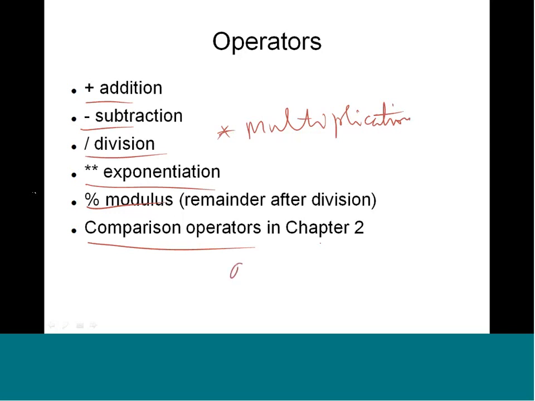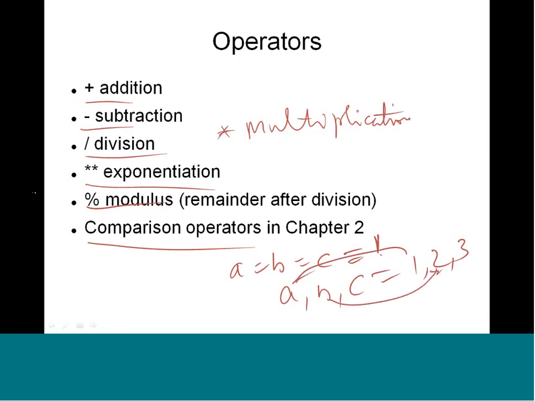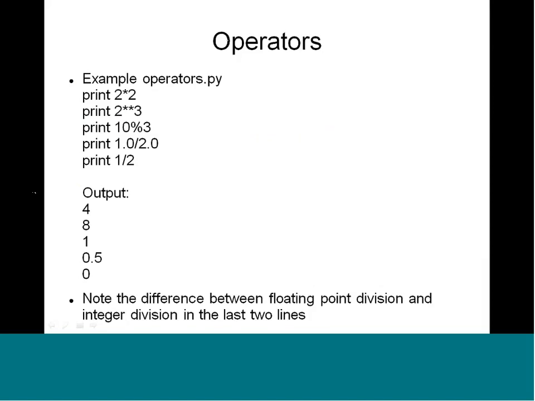You can do something like A equal to B equal to C equal to 1, so everything is assigned 1. You can also say A comma B comma C equal to 1 2 3. So A is assigned 1, B is assigned 2, and C is assigned 3. We will talk about some of these things in the coming slides.